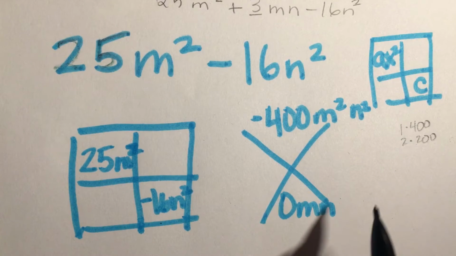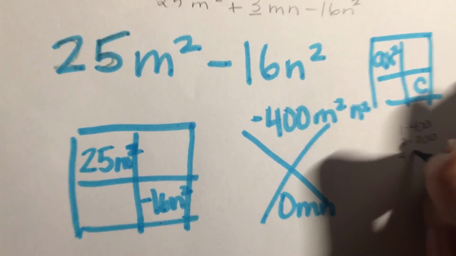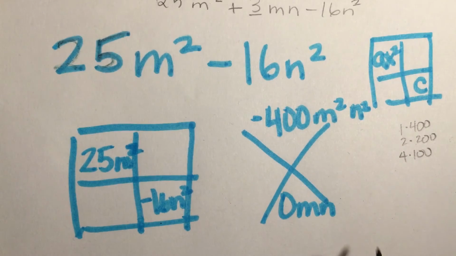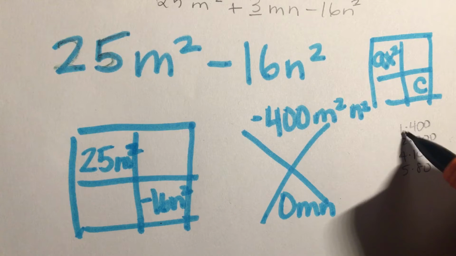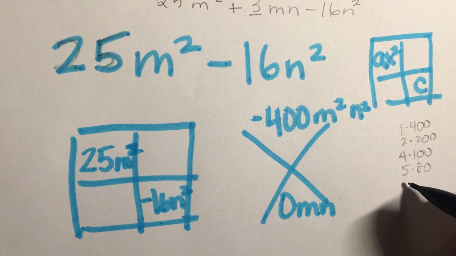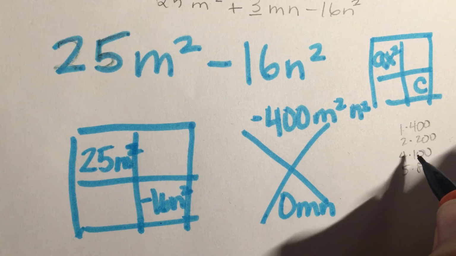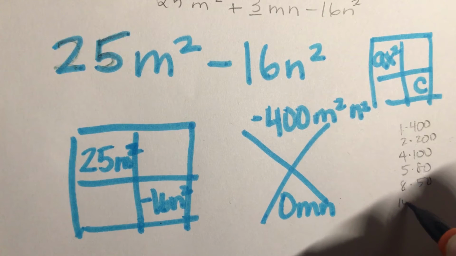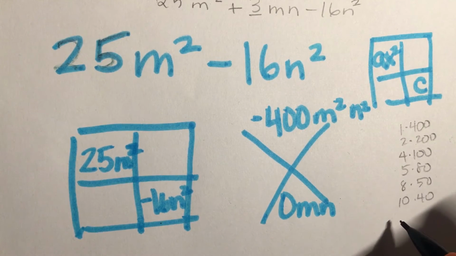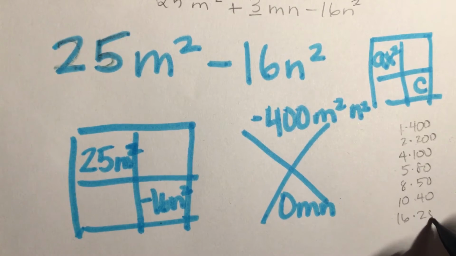So we have 4 and 100, after 4 we have 5 and 80. And notice I'm going in order. You can use the calculator to do this. Then we're going to jump to 8 and 50, then 10 and 40, then 16 and 25, and then 20 and 20.